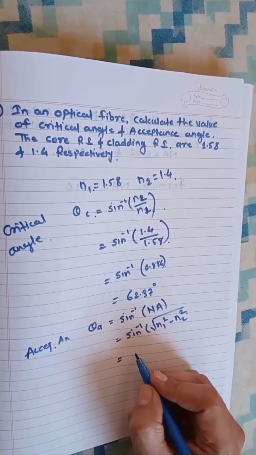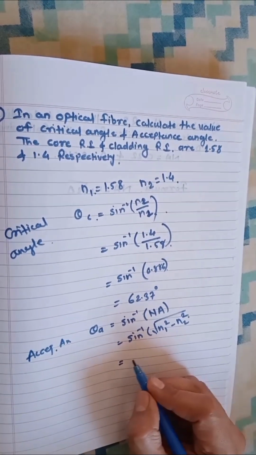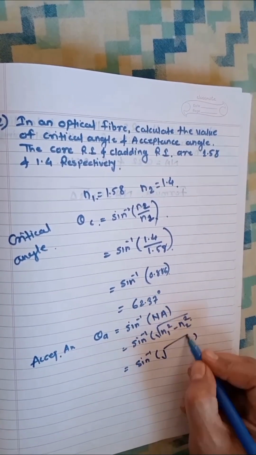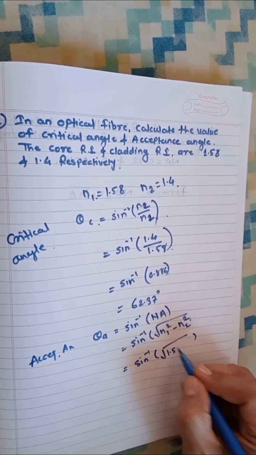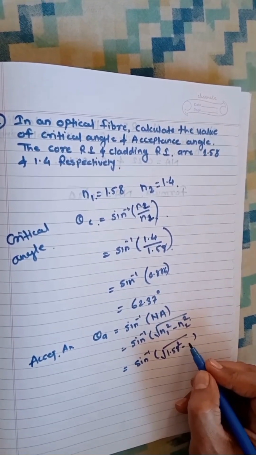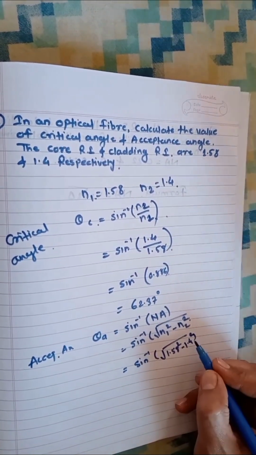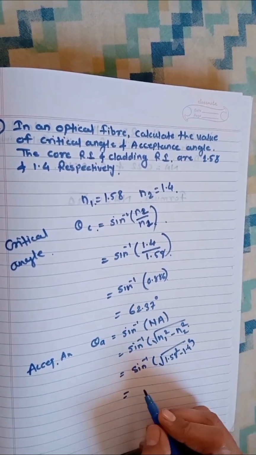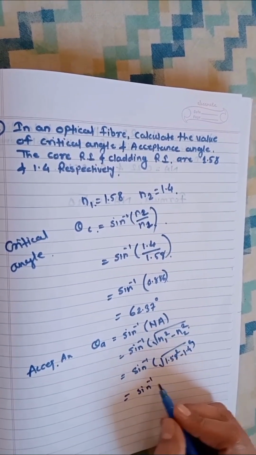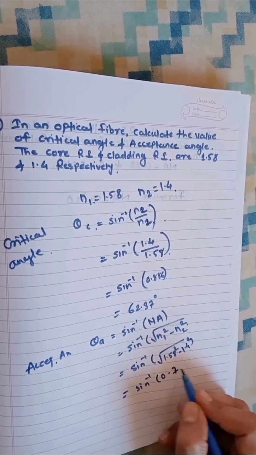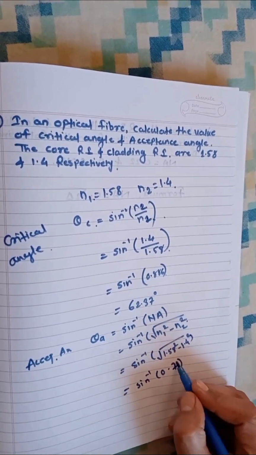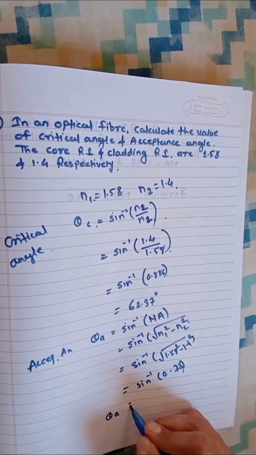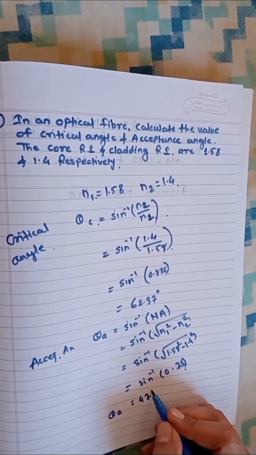So just put this value, you will get sine inverse of, in bracket, square root of 1.58 square minus 1.4 square, and when you calculate this, you will get sine inverse of 0.73, and when you get the sine inverse of this, your answer will be 47 degree.